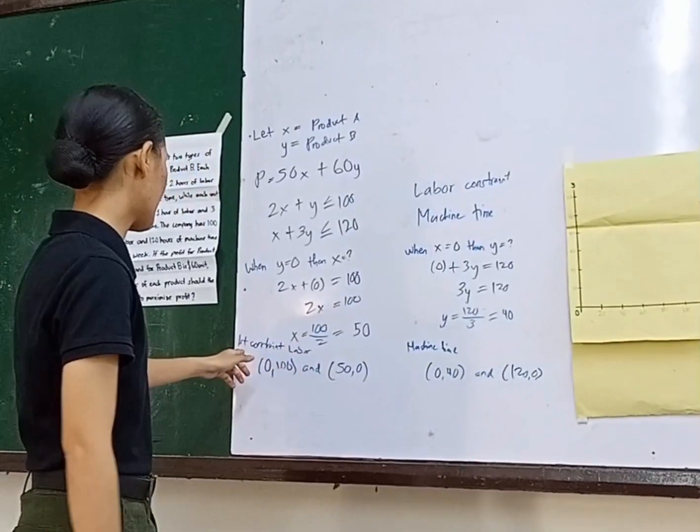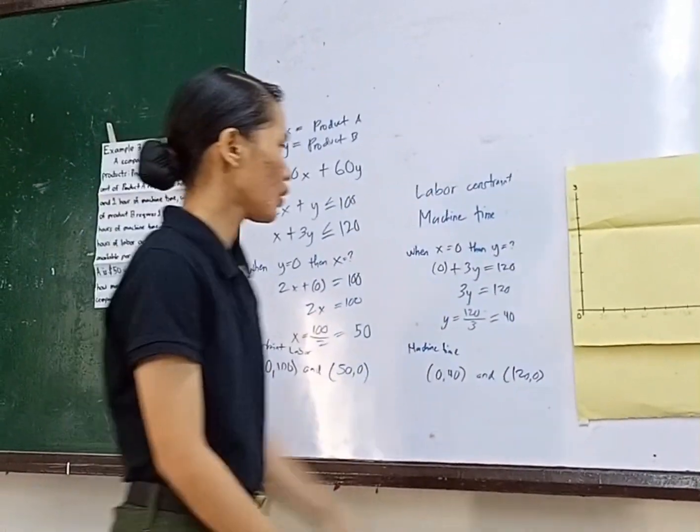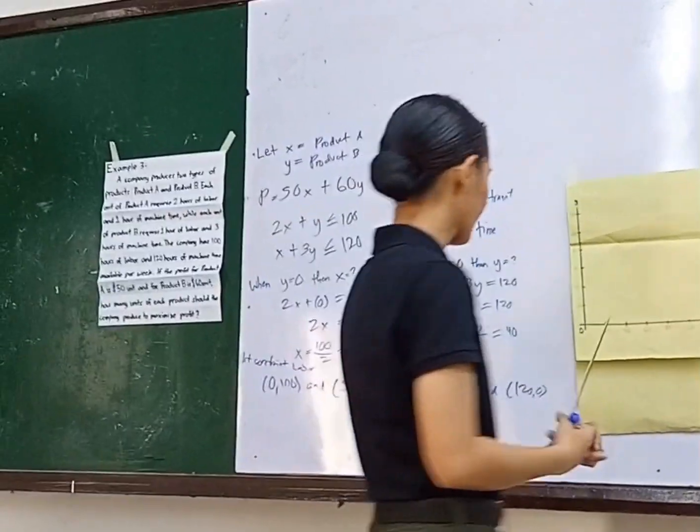We got our first constraint, labor, and machine time, so we graph.